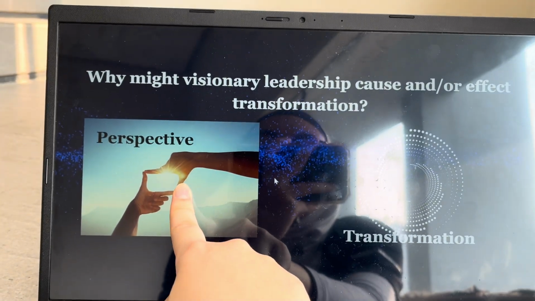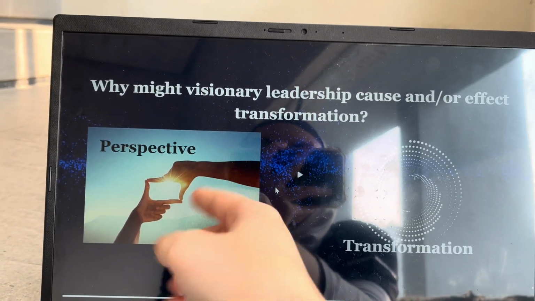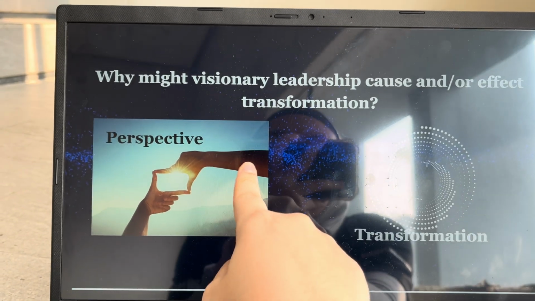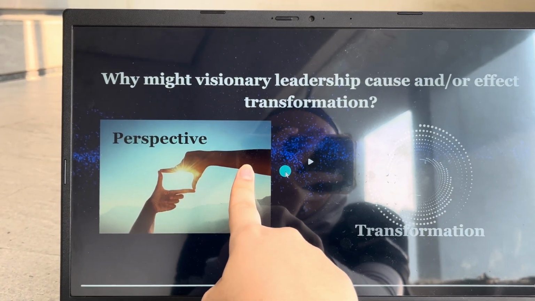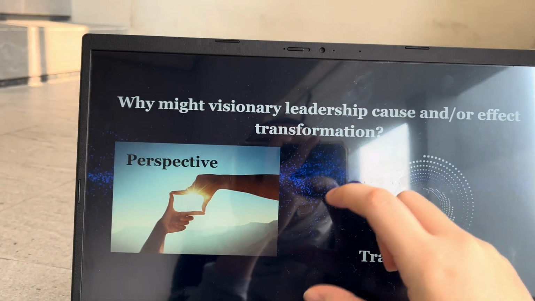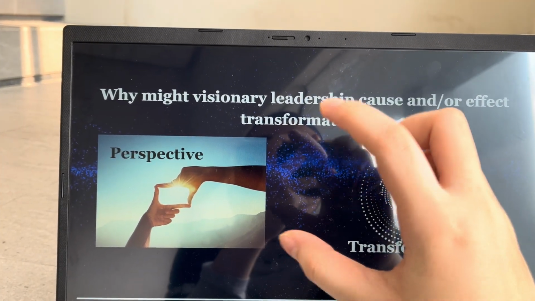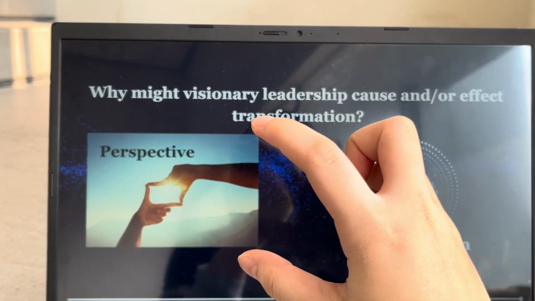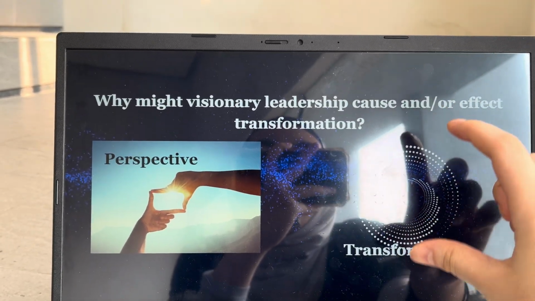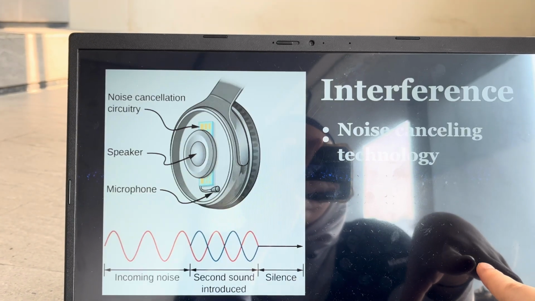So the first step is, the answer is because first you have a perspective, and in this case our perspective is from physics. So by learning this physics and understanding a concept, you can apply that concept and solve daily life problems like the ones from before.